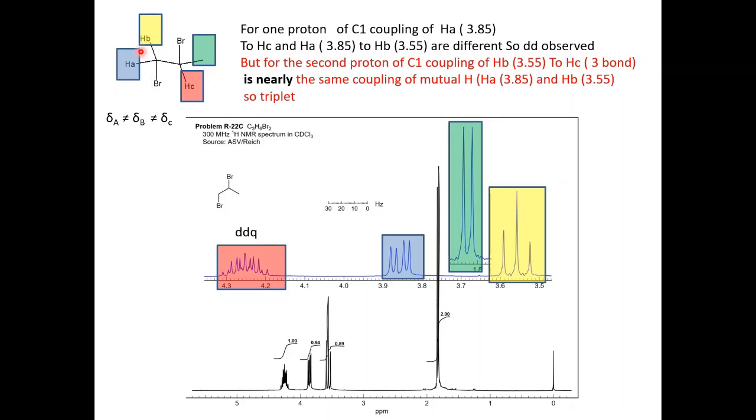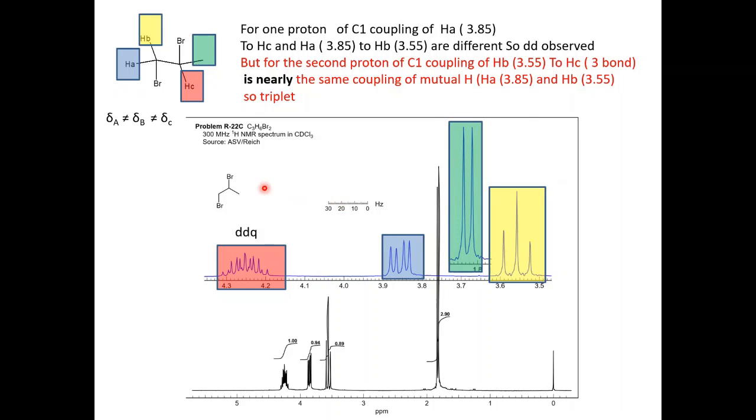So the coupling constants of this proton and this proton are different. That's why you will get a doublet here. But for one of these protons, the coupling constant of this one and this one is nearly the same, as the two bond coupling as well as the three bond coupling. So when you have nearly the same coupling constant, you will get the apparent triplet here.